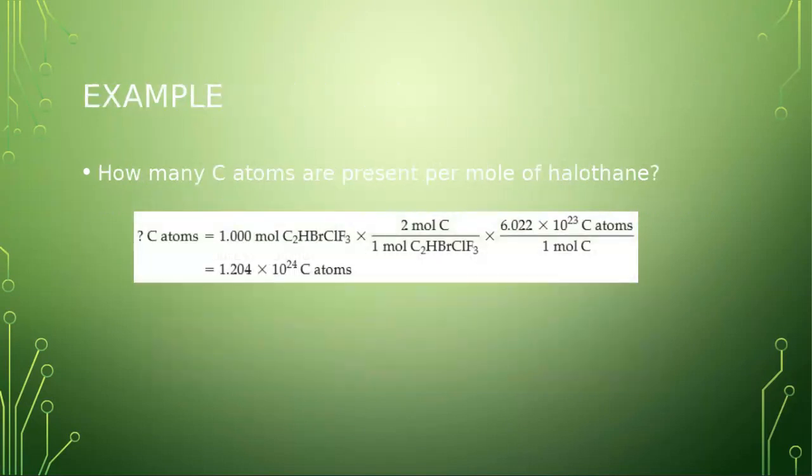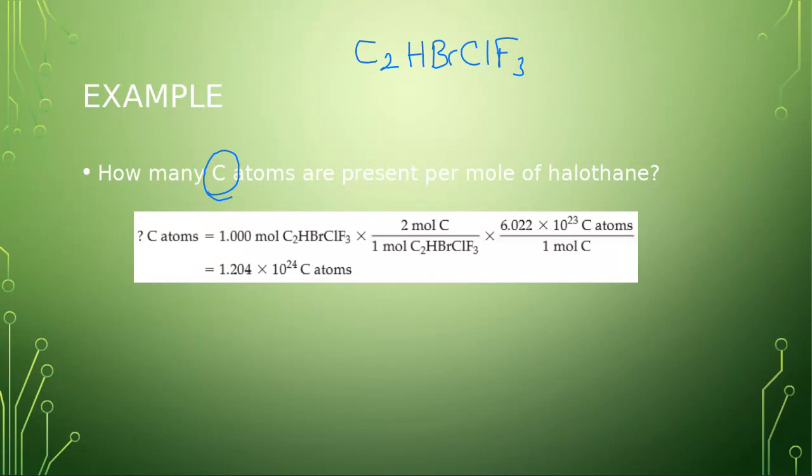For example, how many carbon atoms are present per mole of halothane? You know the halothane formula. Here I will give you: halothane has hydrogen, bromine, chlorine, and fluorine. How many carbon atoms are present per mole of halothane?